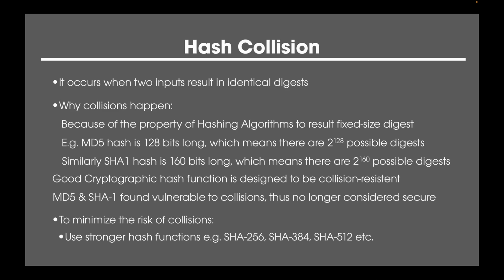For example, SHA-256 generates a 256-bit output, SHA-384 produces a 384-bit output, and SHA-512 produces a 512-bit output. The larger bit length drastically reduces the likelihood of collisions, making these functions far more secure for ensuring data integrity.